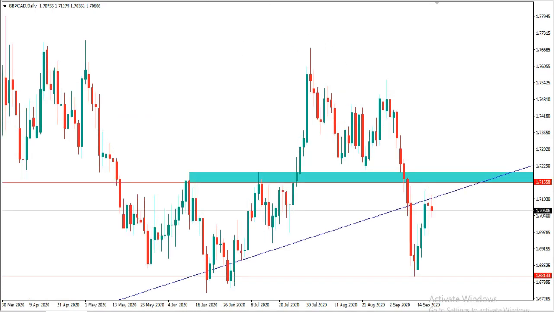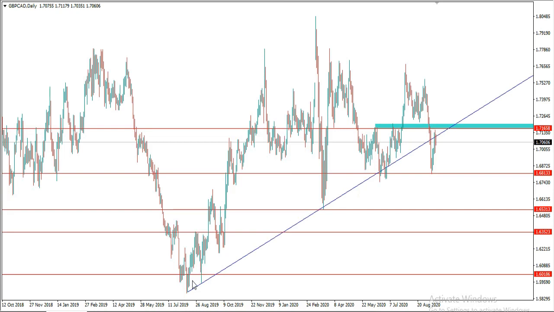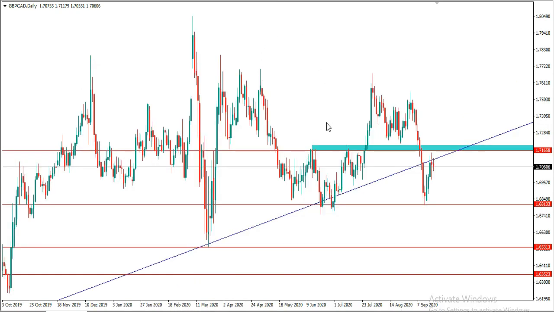Alright, so this is the daily time frame, and I'm going to just zoom that in a little. So we can see that from this area we had support at this point, we had support at this point, we had support at this point. So let me zoom back out. Now we had a break of that trend line at this point.